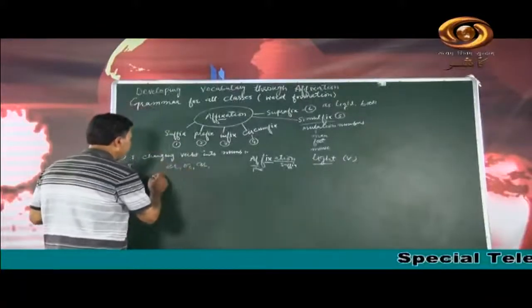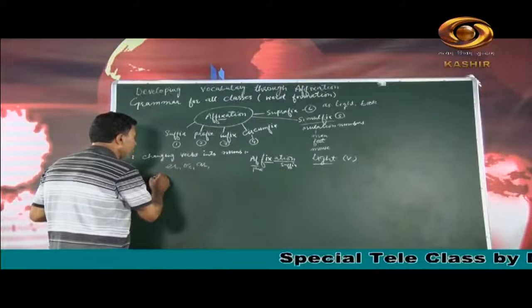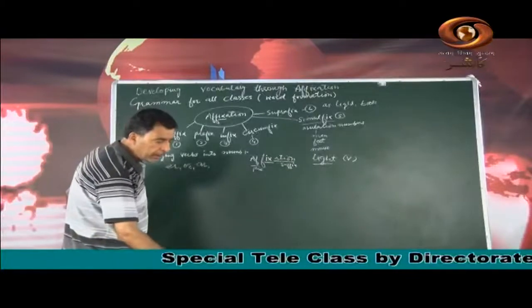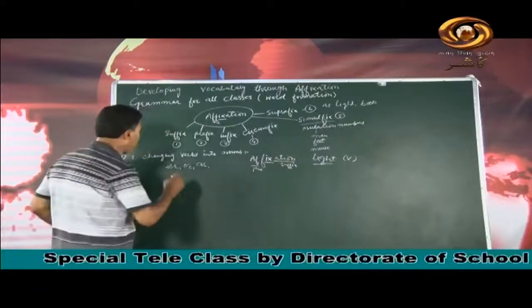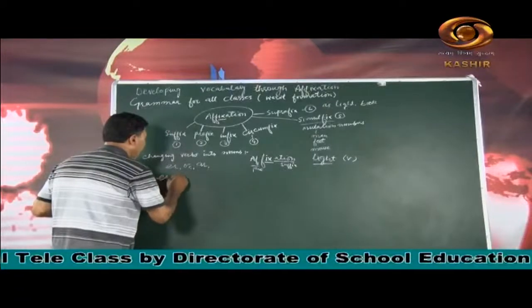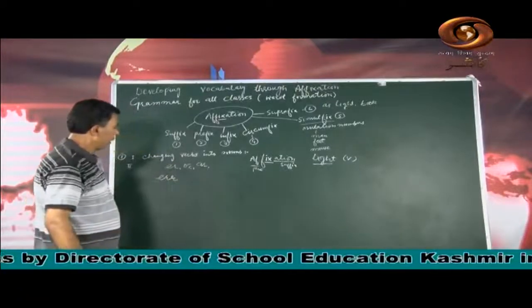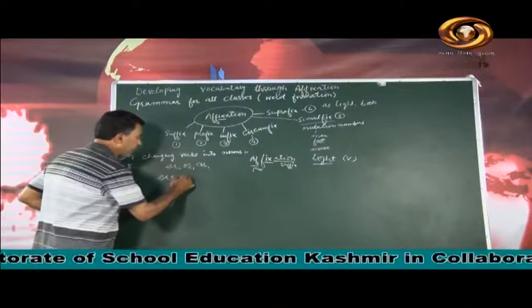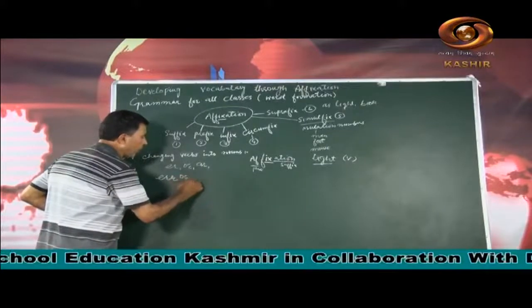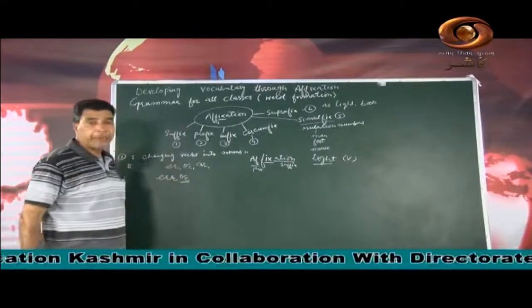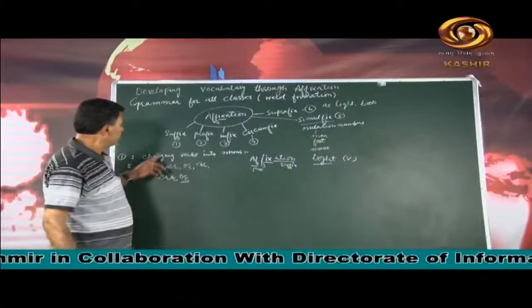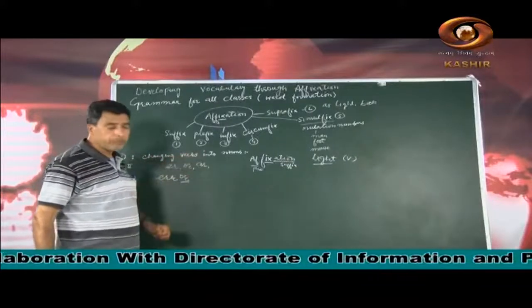For example, I write here a word err. We can add or to it, it becomes error. Changing verbs into noun. Okay.